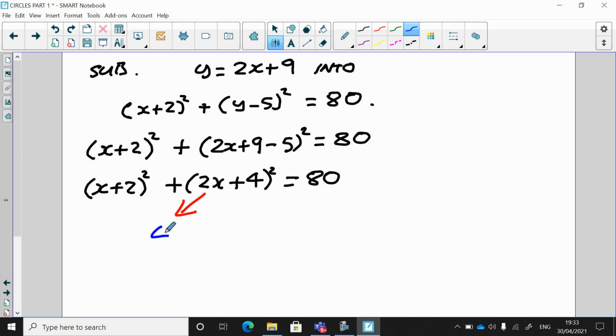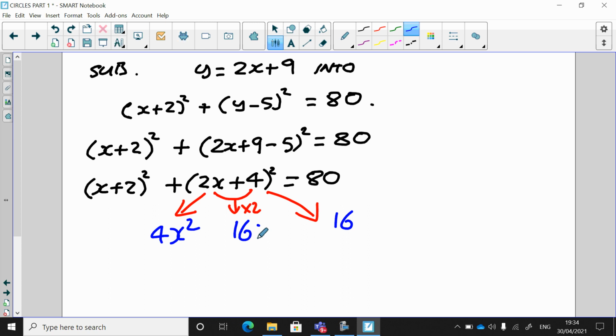That would give you 4x squared. We're squaring the first, and squaring 4 gives 16. For the middle part, remember, you just multiply them together and double. So 2x times 4 is 8x, times 2 is 16x, and everything's positive.